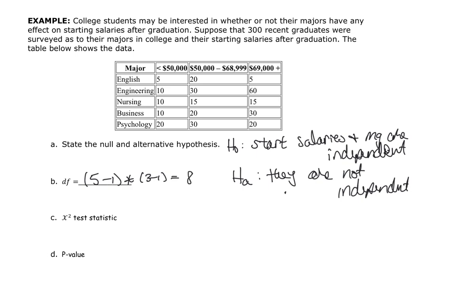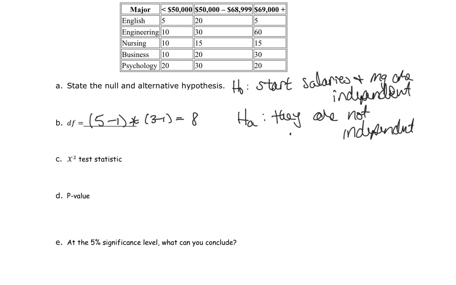Test statistic, I'll show you my spreadsheet, I actually get 33.54455. My p-value I got to be basically 0. So what does it say? Well, we are going to reject the H0. Why?